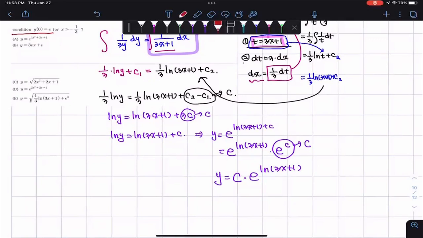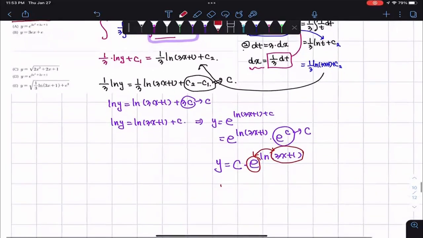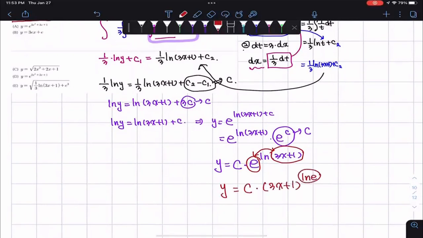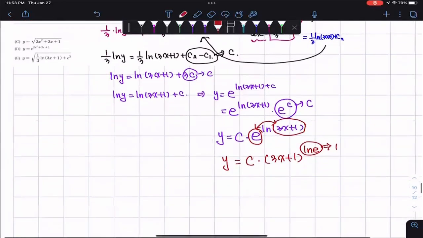Using the property of ln, we can exchange these two parts, so y = C times (3x+1) ln e. This is 1, so I can rewrite y = C(3x+1).